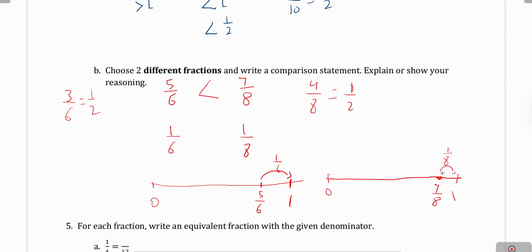So which is a shorter distance away from the finish line, away from the whole? And I can see that because I know that 1/8 is smaller than 1/6, then 5/6 has to be a smaller fraction than 7/8 because this is a smaller portion away from one whole.